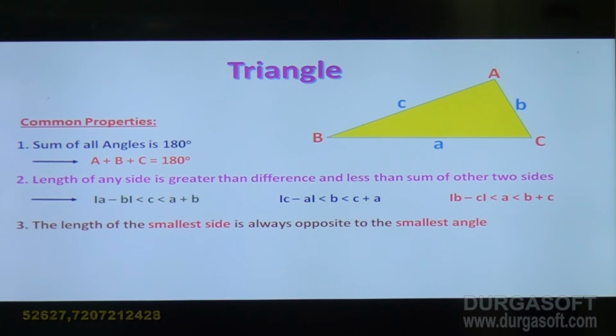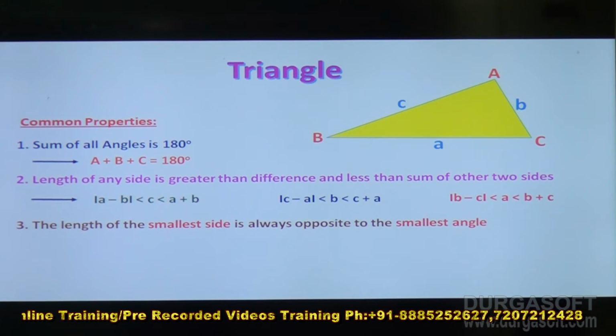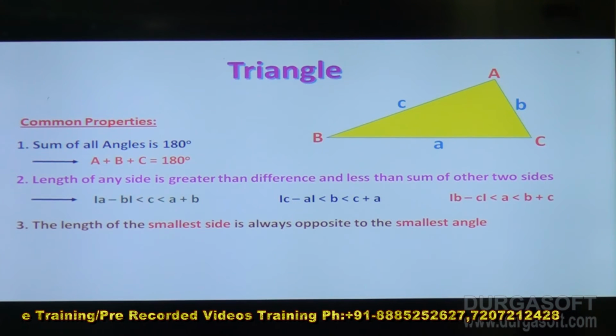Next, the length of the smallest side is always opposite to the smallest angle. This is an important point when we are trying to find the angles, or whenever we are trying to find any two sides of a triangle.